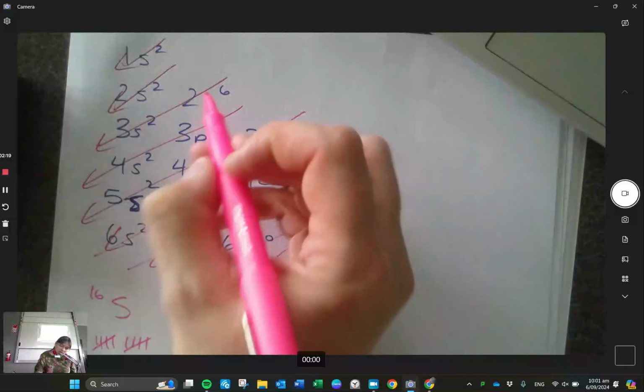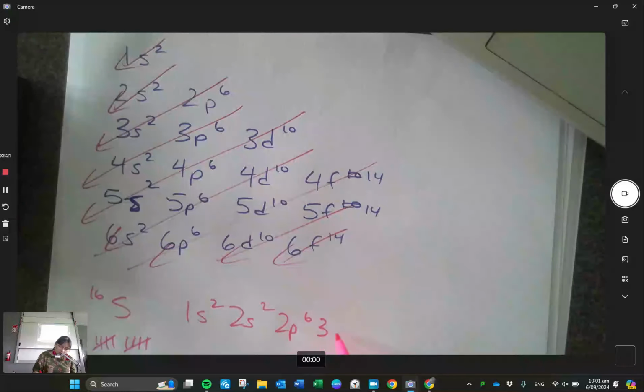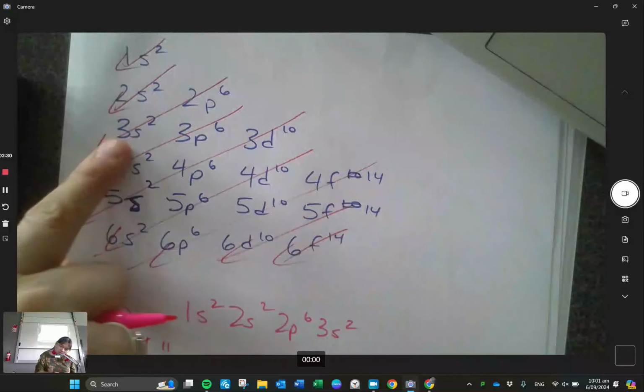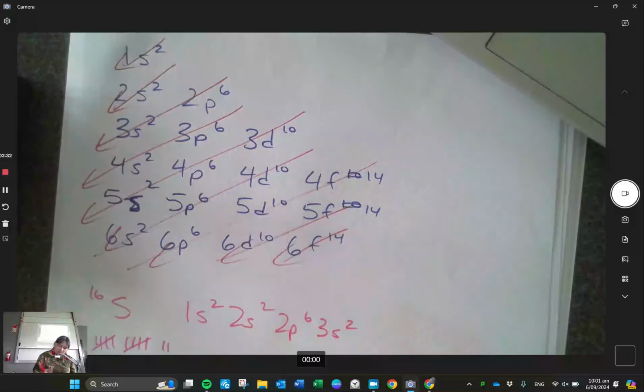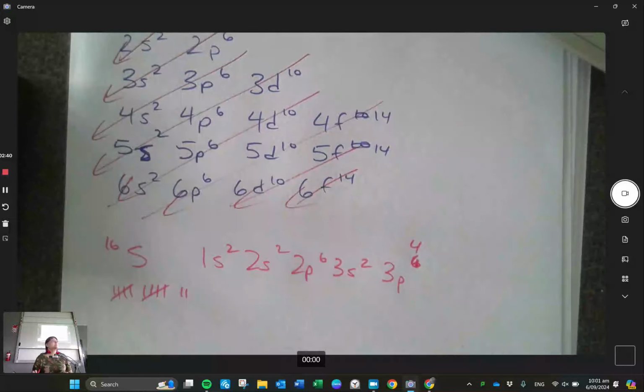We're at 10, and then we're going here, 3s2, that's another 2, and then I need, how many more? 4 more, because I'm at 12. So then I go back to 3p, but I'm not filling that shell because we only need 4 there. So what you got? All right.